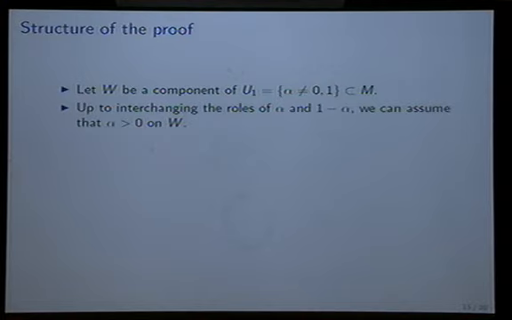And up to changing the roles of alpha and 1 minus alpha, which are basically symmetric here, we can assume that alpha is positive on this component. Then we have two cases. Either alpha lies between 0 and 1, or it is bigger than 1, because it avoids the values 0 and 1, so no other choice, on this component W.